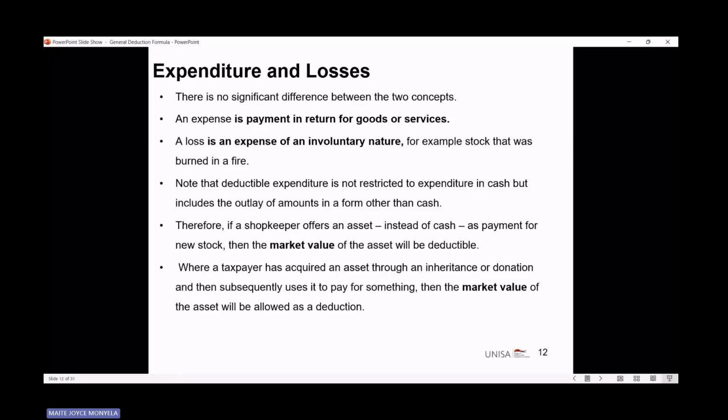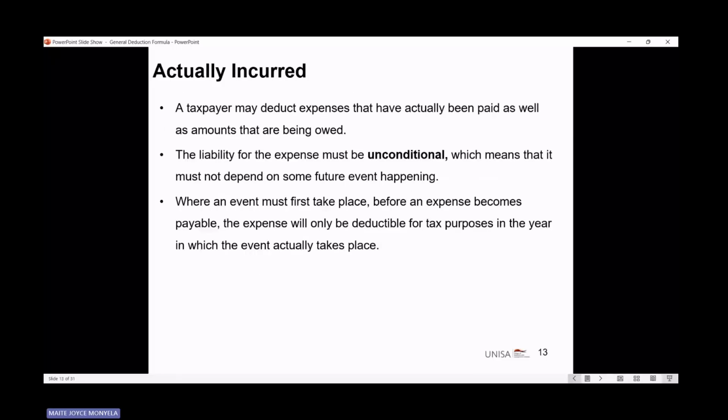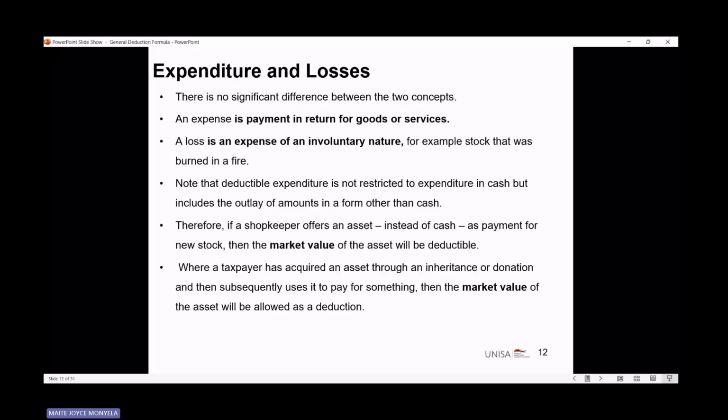So we just talked about expenditure and losses, and we found out there is an expense. The expense is defined as a payment in return for goods. We have the losses, and where we don't have an exact amount, we'll use the market value. So the other requirement is actually incurred.